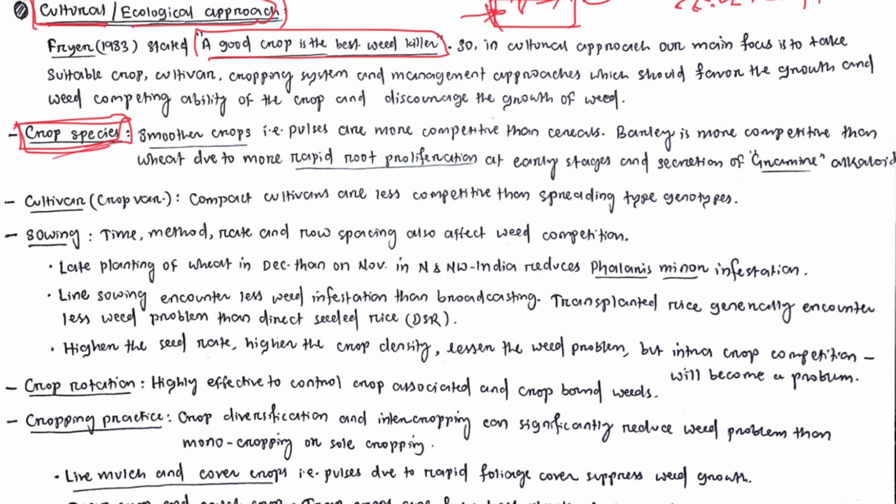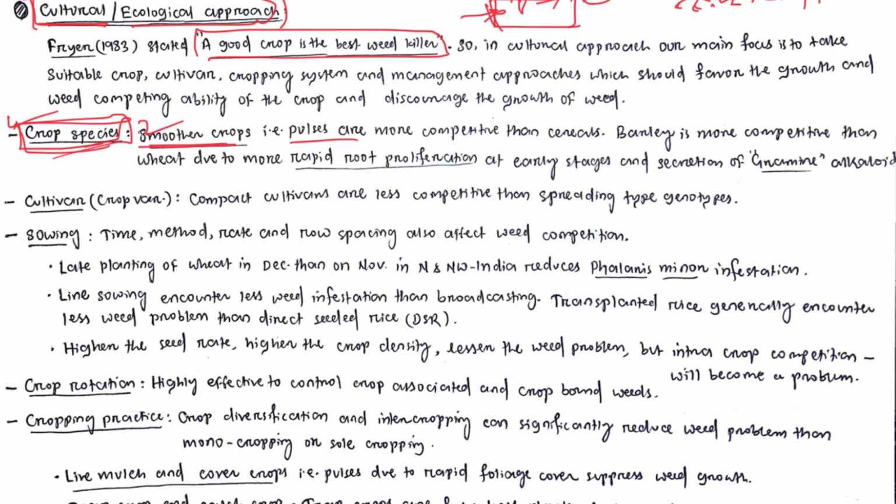Of course the groundnut or green gram crop, because it is a pulse crop and its foliage spreading is more. So it can suppress the weeds growing nearby. Instead of growing a cereal crop, if there is weed dominance, we can go for a pulse crop, which has a smothering effect on weeds. That is why they are called smother crops, like pulses. They can be more competitive than cereal crops.